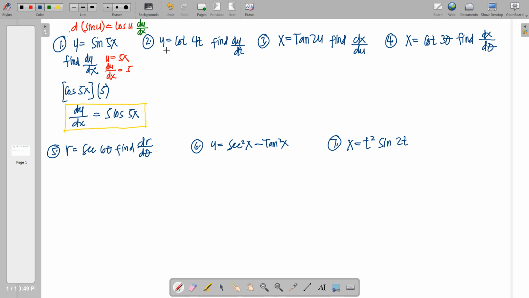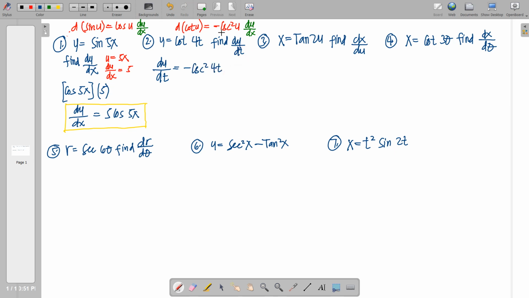So in here we have y in terms of t. So we are going to execute dy over dt. So we derive this with respect to t. So dy over dt for y equal to cotangent 4t, the derivative of cotangent is simply equal to negative cosecant squared u, and don't forget du over dt here.